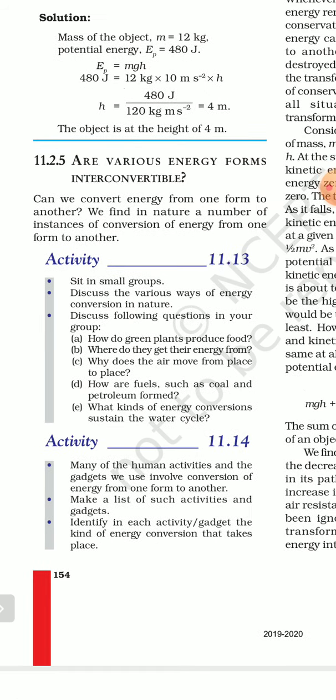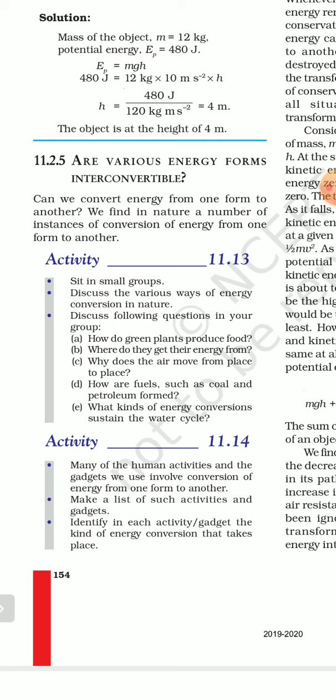Okay, in 11.14 it is given that many human activities and the gadgets we use involve conversion of energy from one form to the other. For example, if you watch TV, you have a remote. In the remote we use a cell. In the cell there are chemicals, and the chemicals give chemical energy. From that it is converted into electrical energy.